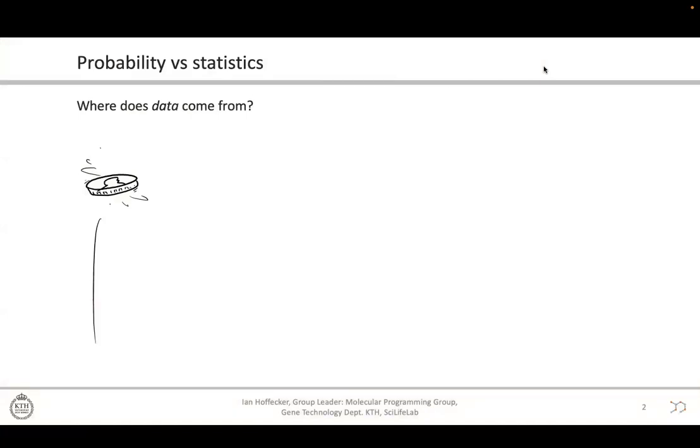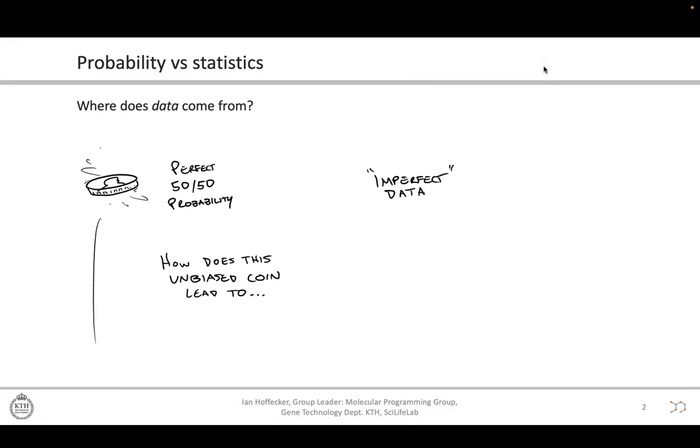Where does data come from? If we think about a coin flip, let's say we have a perfect coin here with 50-50 probability. What we want to know is how does this perfect unbiased coin lead to so-called imperfect data?